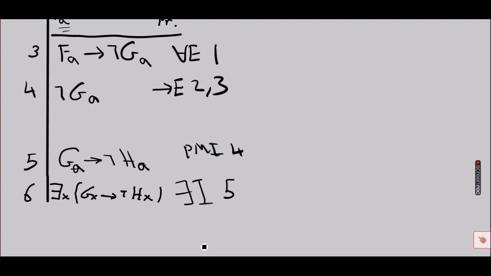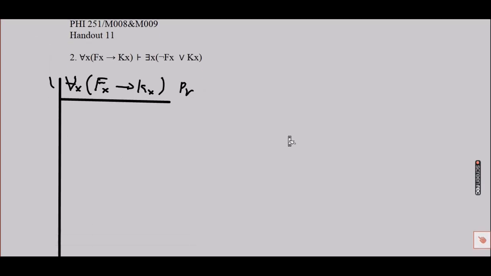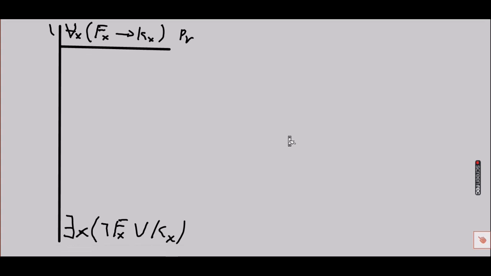Okay, let me do one more. Okay, so here again, we have one premise, and our goal again is to get to an existential, right? So my goal is this thing at the end.